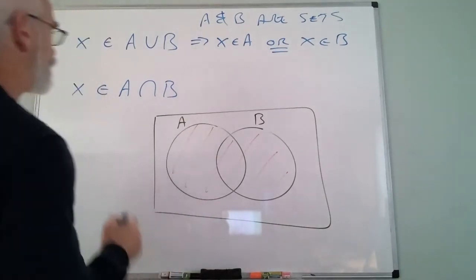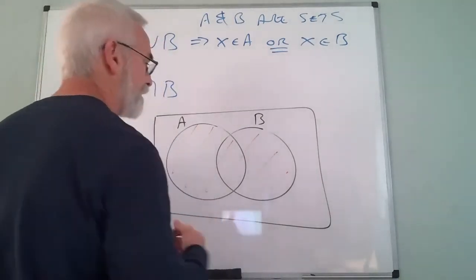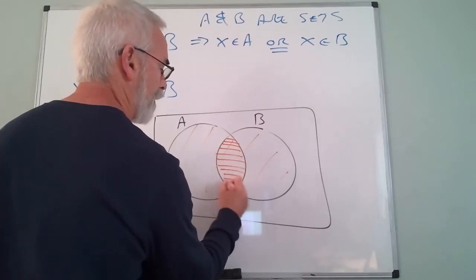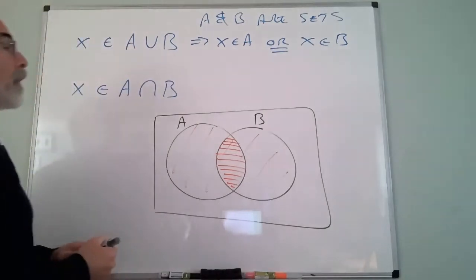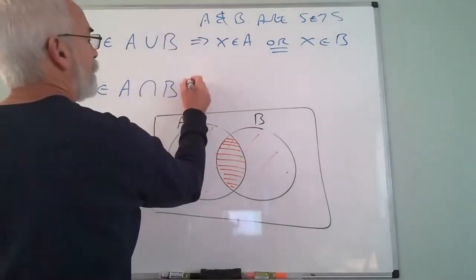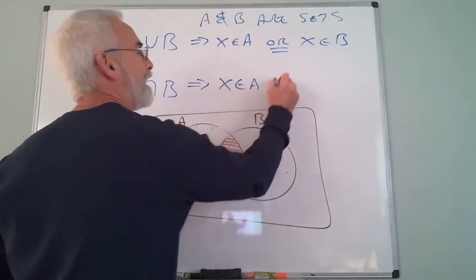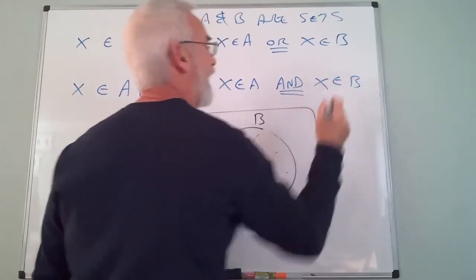Now, the second one, X is in the intersection. Well, which part is the intersection? The intersection we know is the overlap. So the second one, I am only in this portion here. This is the one where a lot of folks get confused, for obvious reasons. This says X is in A and X is in B, and that "and" is critical.